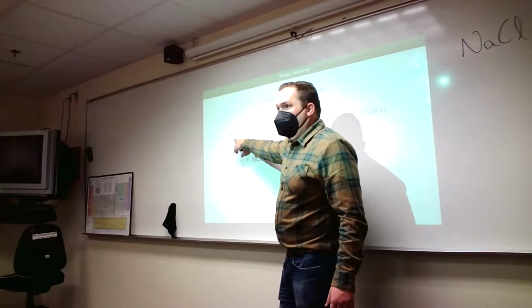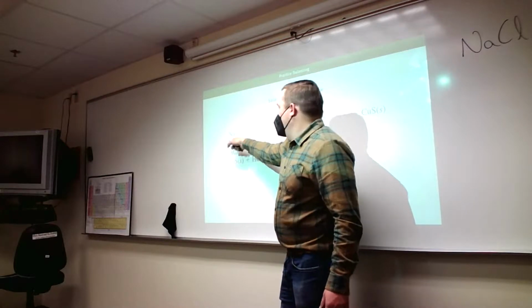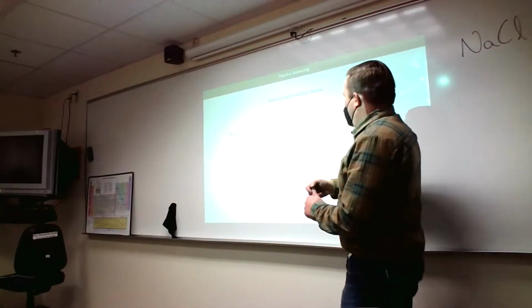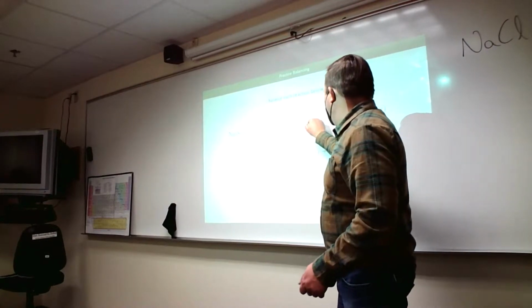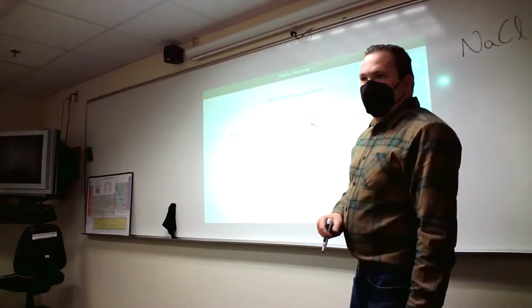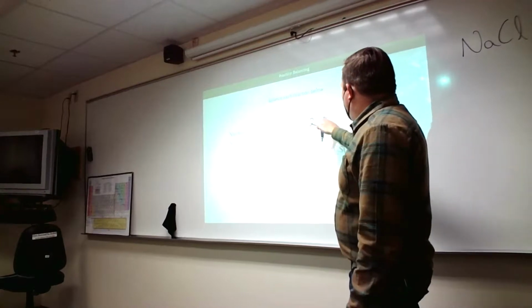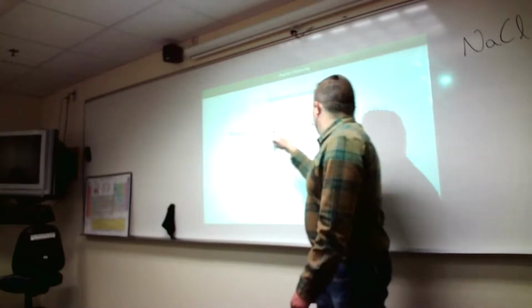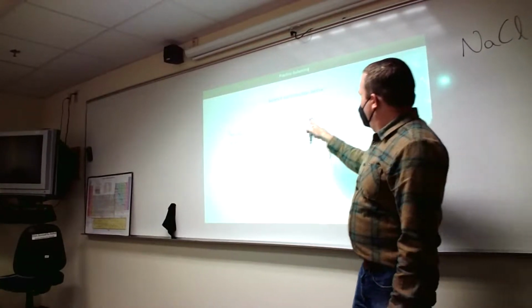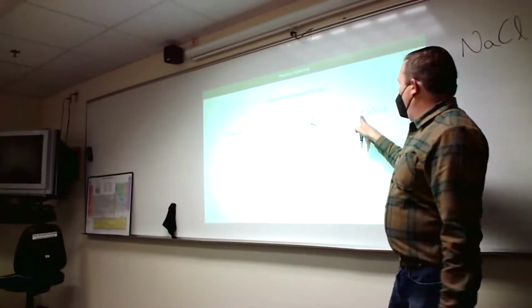If it's sodium sulfide, it's got to be Na2S. So if we're making something that just has a single sodium, we know we have to be making two of them. Now, our sodiums are balanced. We've got one sulfur on the left, one sulfur on the right. We've got one copper on the left, one copper on the right.